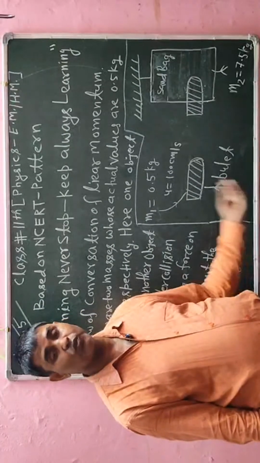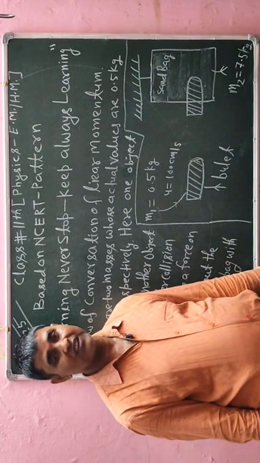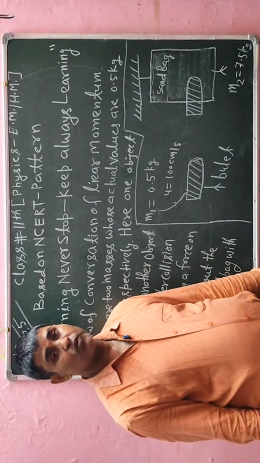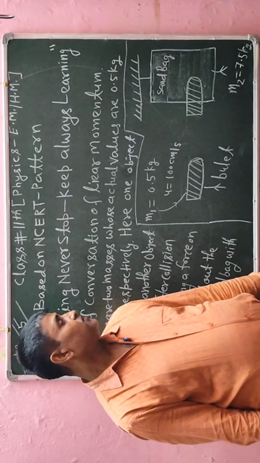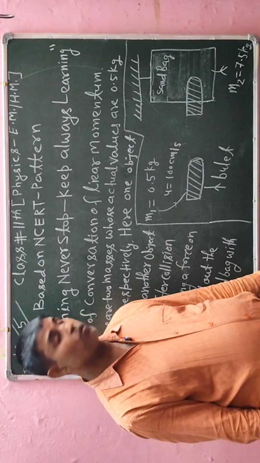If any system has external force 0, it means that momentum will be constant, and the energy of that system will be constant. It means that there is no change in the data or information of the system, because momentum is constant.